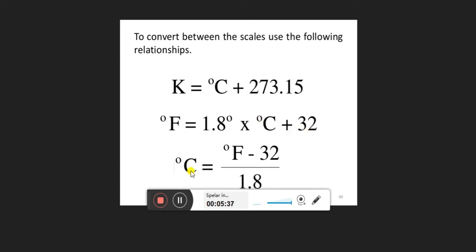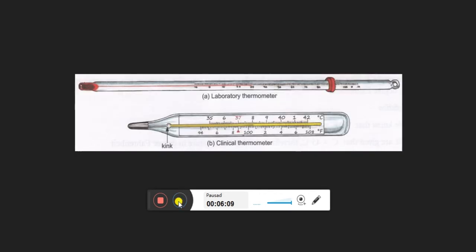Degrees Fahrenheit can be changed into degrees Celsius by using this formula. So simply by putting in the values, you can easily convert Celsius into Kelvin, Celsius into Fahrenheit, or Fahrenheit into Kelvin. You only have to remember the formula.